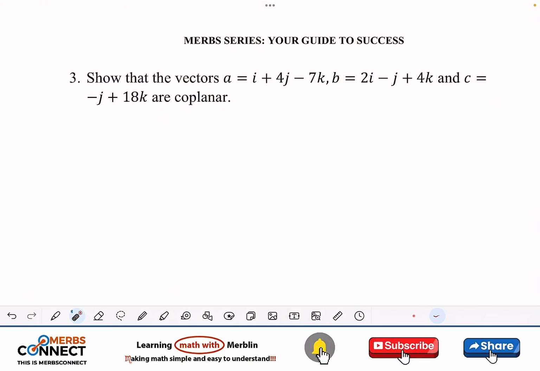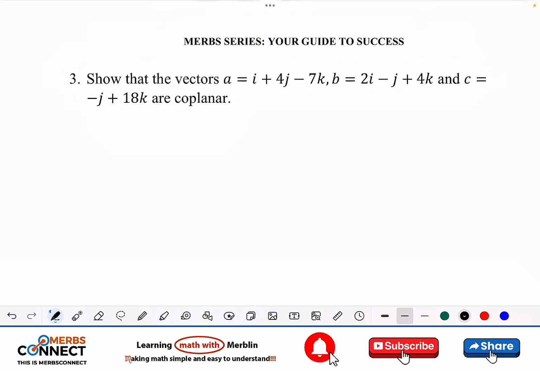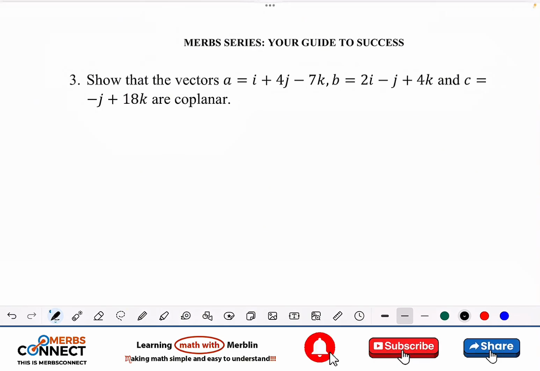All right. Let's look at question 3. Show that vectors A, B, C are coplanar. So remember coplanar, right? We said that with the scalar triple product, when you're talking about coplanar, we are talking about when the vectors are in the same plane.